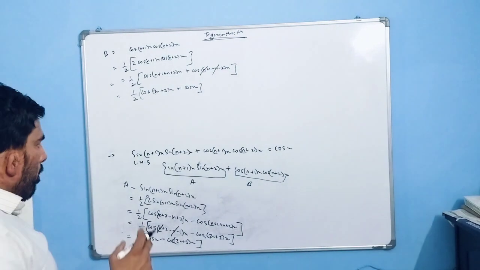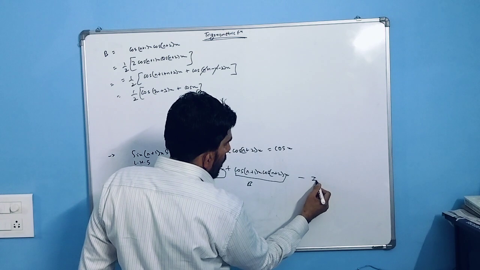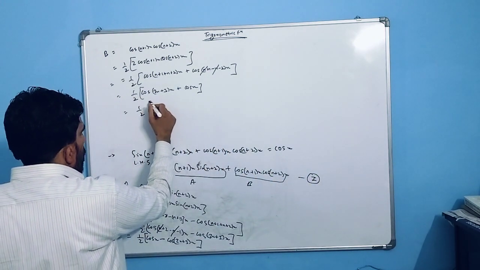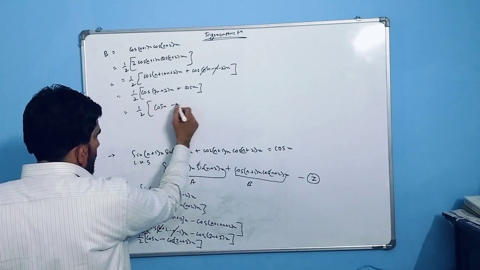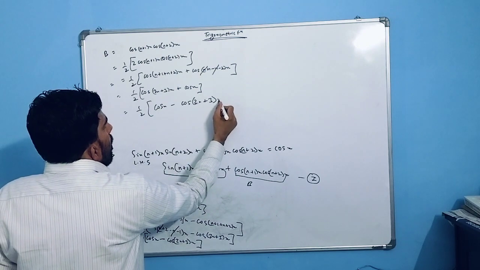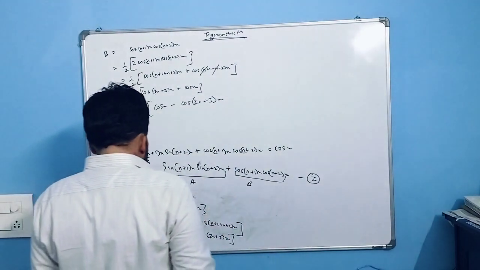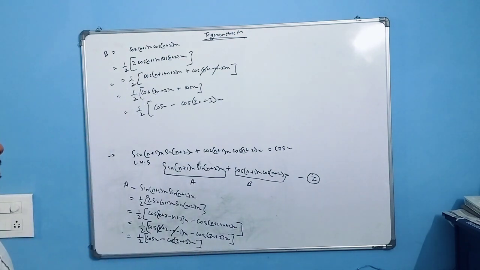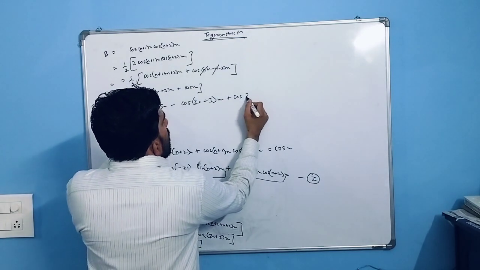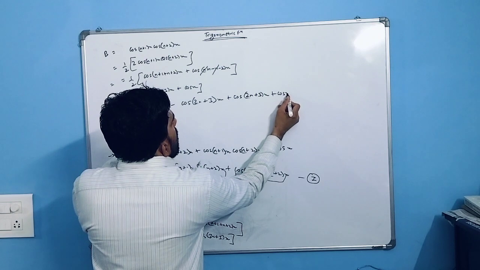Now what we'll do, we'll put these both values in the first. Now I got half, we take common. Now cos x minus cos (2n+3)x plus cos (2n+3)x plus cos x.